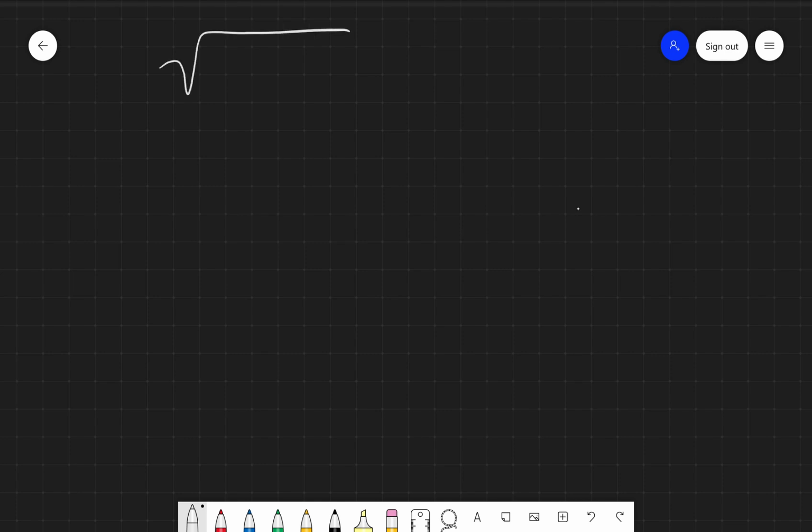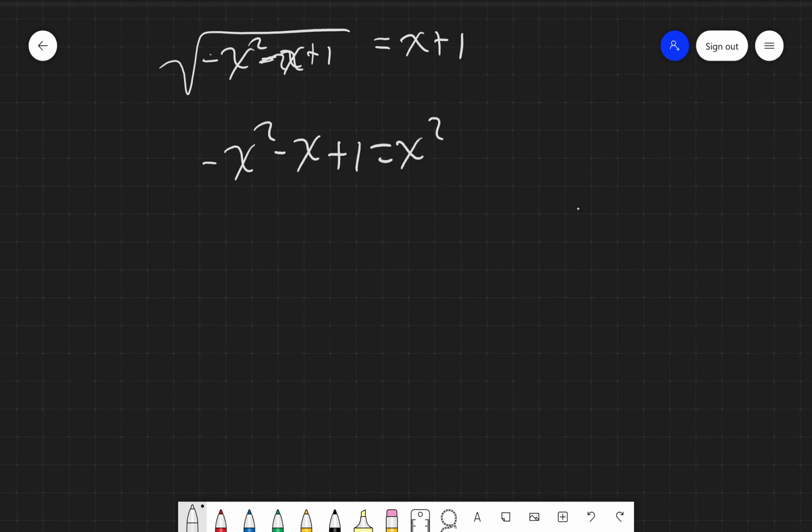Let's say that we had the square root of negative x squared minus 2x plus 1, and that's equal to x plus 1. We know what to do: obviously, square it. Plus 1.